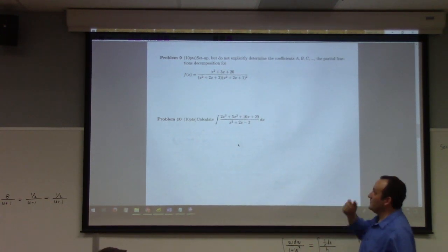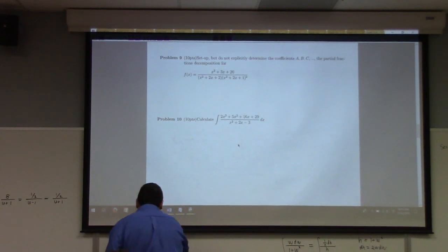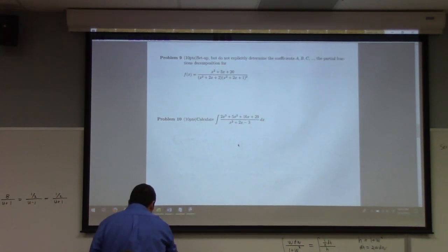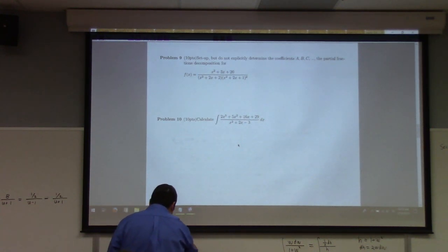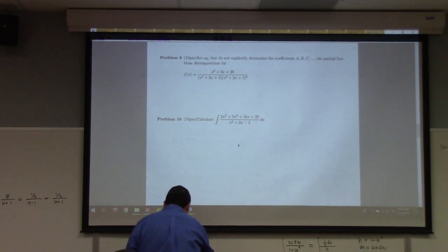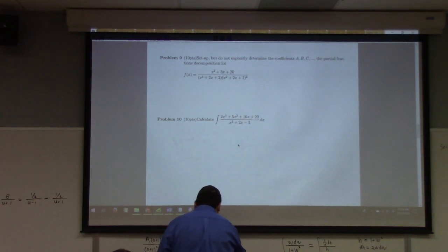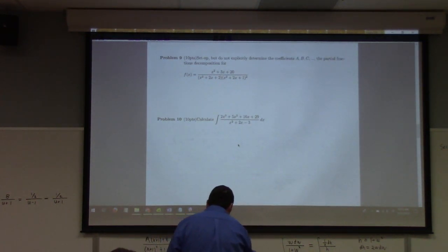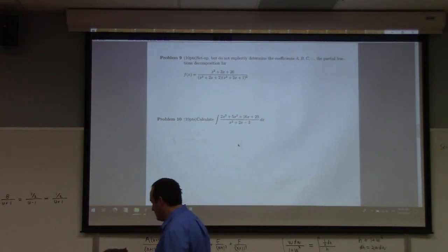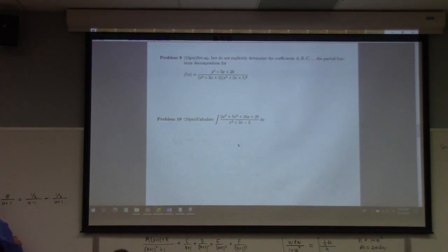And so the partial fractions decomposition for that would look something like (ax plus b) over (x plus 1 squared plus 1), plus c over x plus 1, plus d over x plus 1 squared, plus e over x plus 1 cubed, plus f over x plus 1 to the 4th. Because the denominator factors into x plus 1 squared plus 1 times x plus 1 squared squared. That's what I'm looking at there.